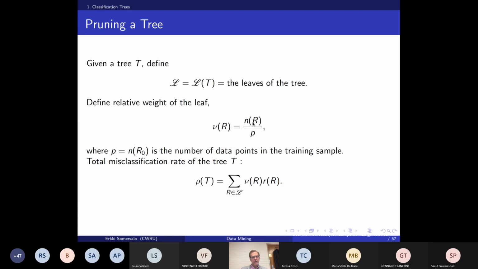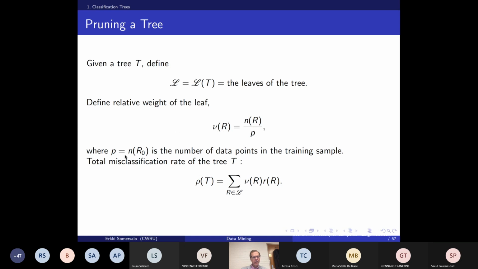And so nu R is the weight of the leaf, meaning how many points ended up in this leaf. So the sum of these nus is equal to 1 because every data point ended up in one of the leaves. And the weight is how many points you have in each leaf. So this is an important concept.